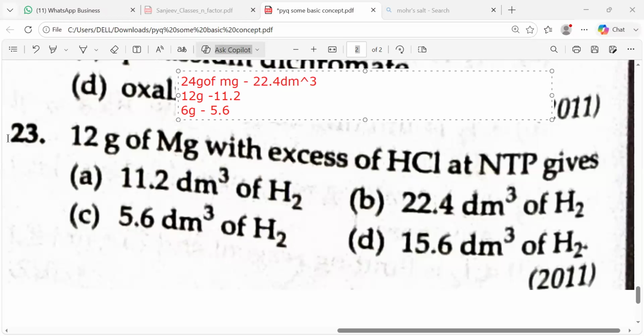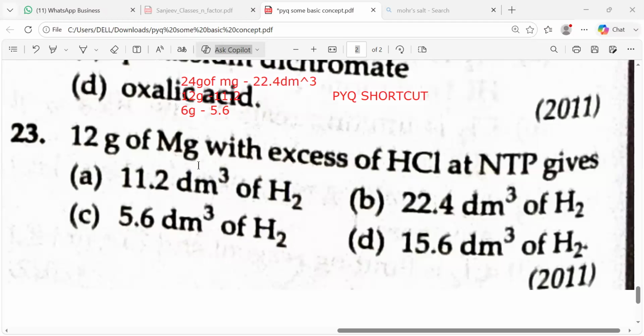Note down this. This is the KCET or COMEDK shortcut, PYQ shortcut. Yeah, good. So A is the correct answer. Everyone understood properly, or any doubt is there in this question?